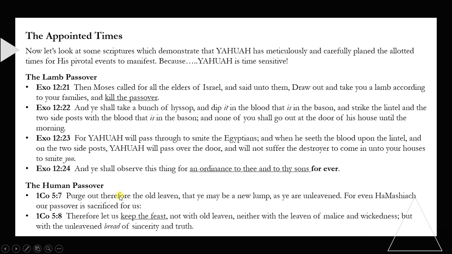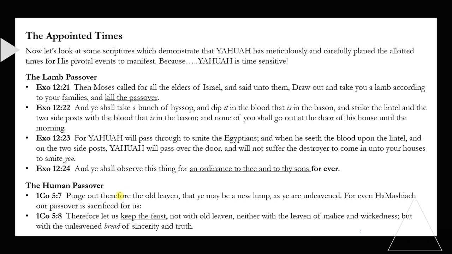And now we have Yahusha, our Messiah. He's the human Passover. So in 1 Corinthians chapter 5, verse 7, it's written, purge out therefore the old leaven, that ye may be a new lump, as ye are unleavened.